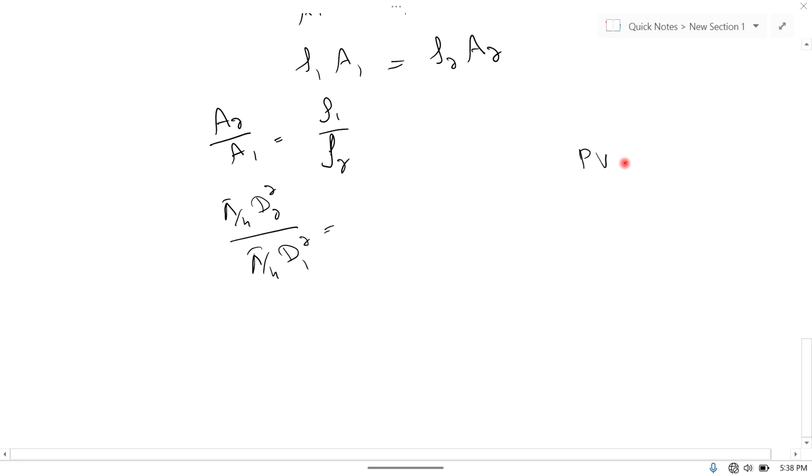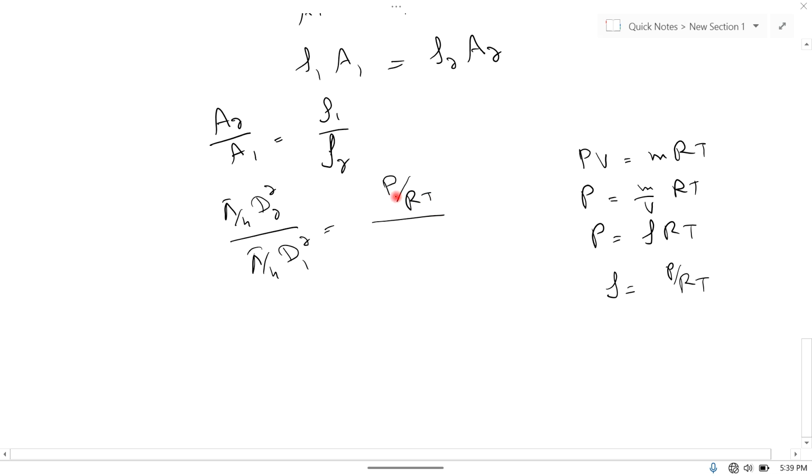from the ideal gas equation, we know that PV is equal to mRT, or we can write P is equal to m by V times RT, and mass divided by volume is density, so P equals rho RT. So I can write rho is equal to P divided by RT. So rho 1 is P1 divided by RT1, and rho 2 is P2 divided by RT2.